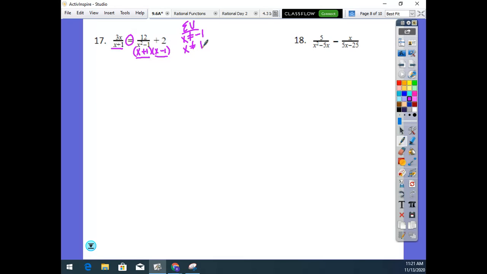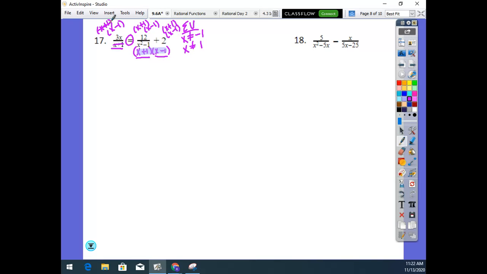All right, now I'm just going to multiply the entire equation through by the common denominator. So everything gets multiplied by x plus 1, x minus 1.